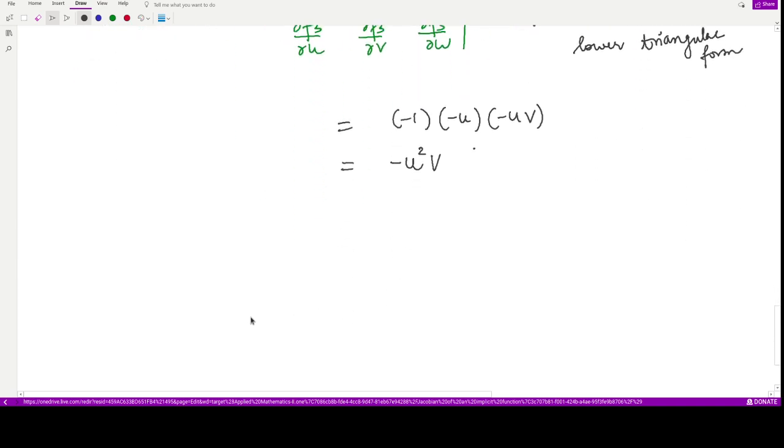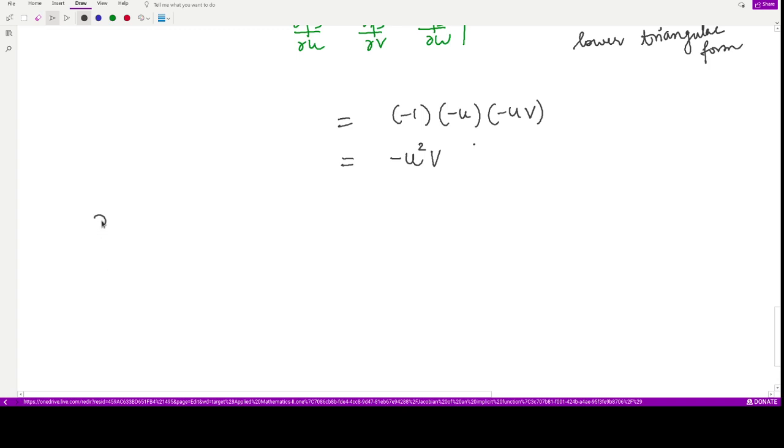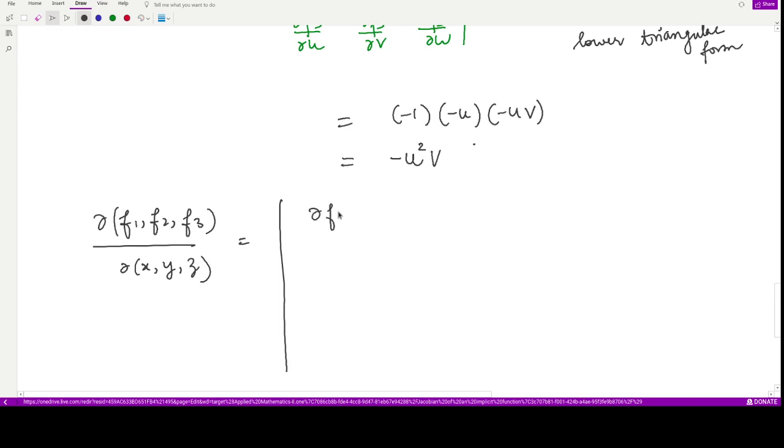So next let me calculate del of f1, f2, f3 with respect to x, y and z. So what would be this? According to the formula, del of f1 with respect to x, del of f1 with respect to y and del of f1 with respect to z. Then del of f2 with respect to x, del of f2 with respect to y, del of f2 with respect to z.